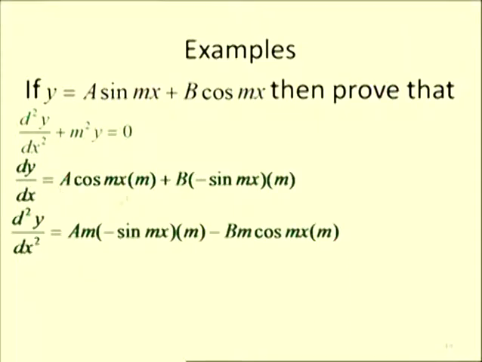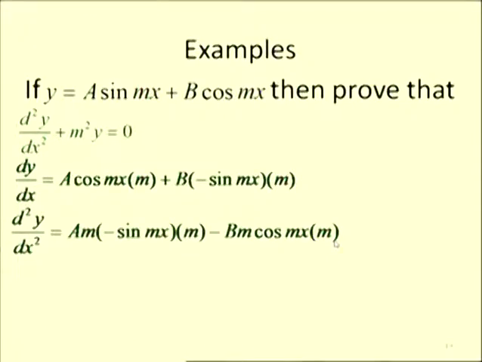So it is a into m into derivative of cos mx is minus sin mx into m, that is derivative of mx with respect to x, minus, this is plus minus minus, b into this m we have taken here, so it is bm into derivative of sin mx is cos mx into derivative of mx, that is m.